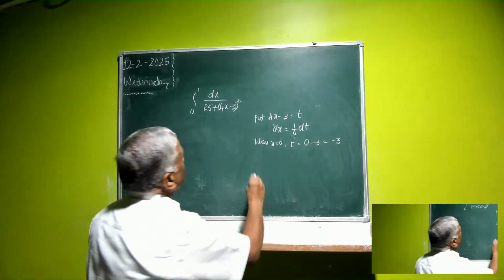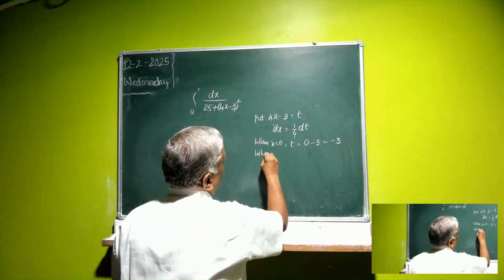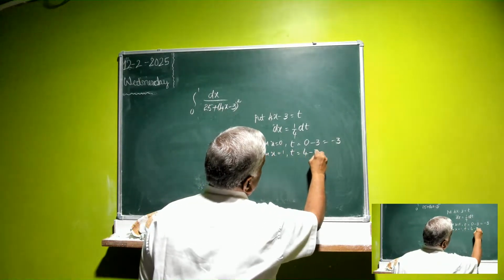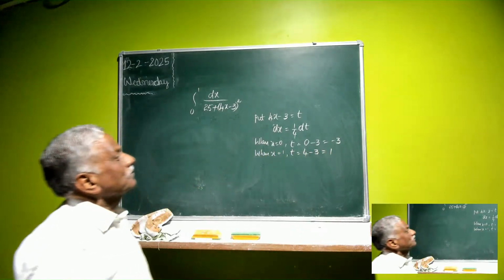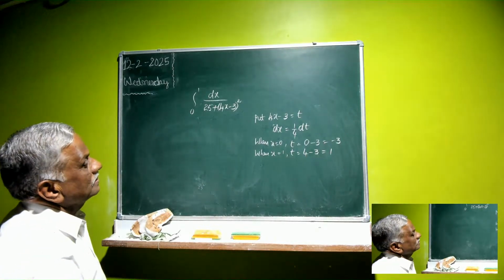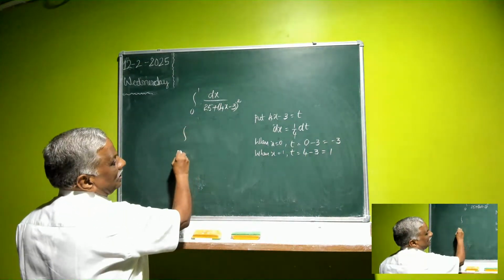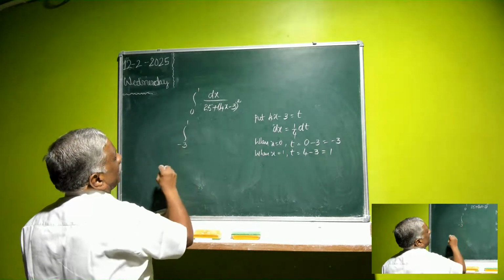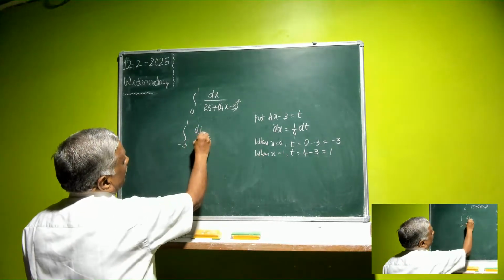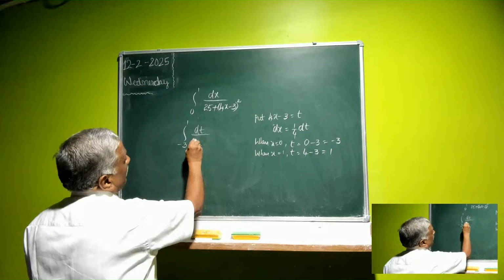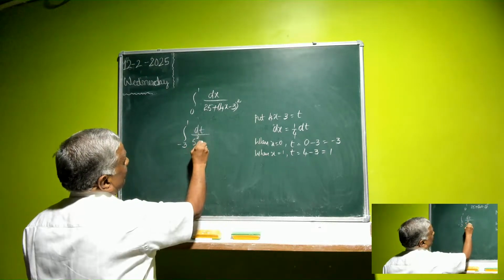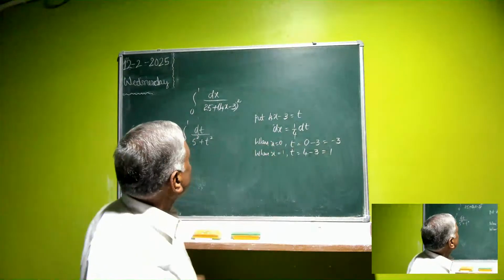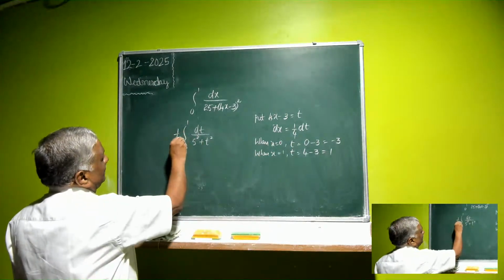When x is equal to 1, t is equal to 4 minus 3, that is 1. So the upper limit is 1, the lower limit is minus 3. Minus 3 to 1, dt over, you can write 25 as 5 square plus t square. But dx is 1 by 4 dt, keep the 1 by 4 outside.